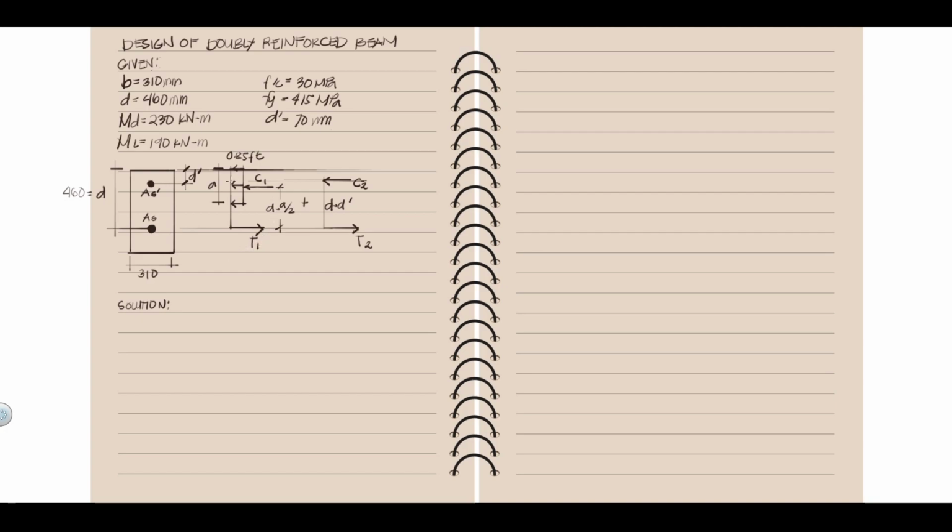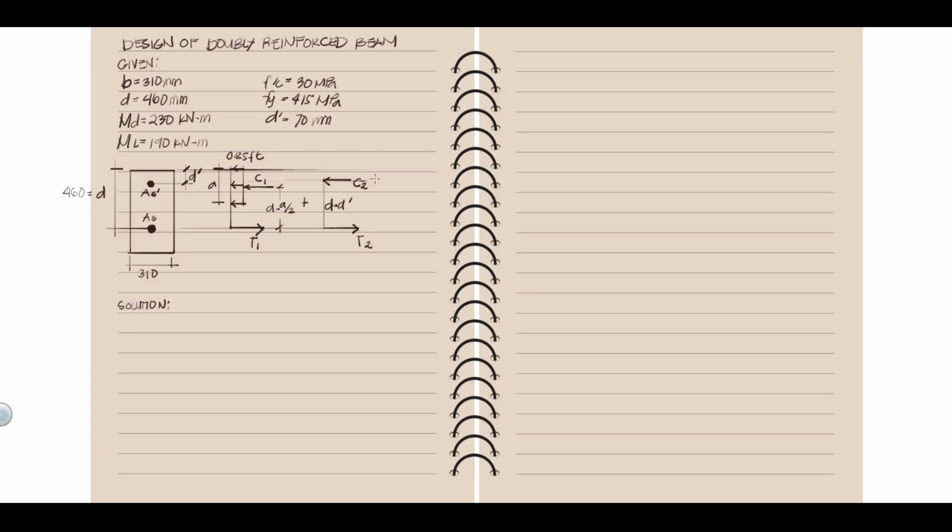This is a diagram for a singly reinforced beam, and then we have an additional force diagram due to the compressive force of the compression bar.